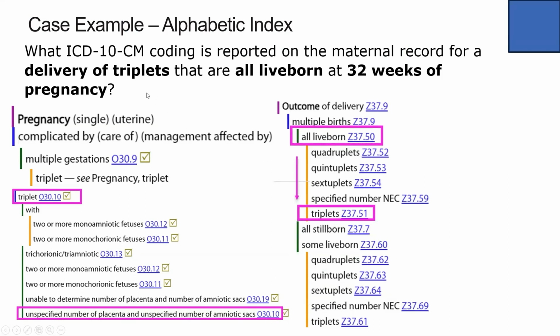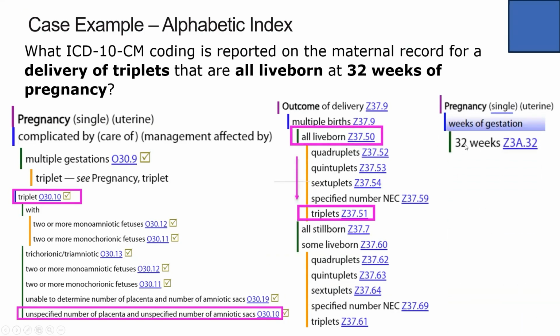Then once again, we're going to have our outcome of delivery. In this case, we have all live born and we had triplets. So our outcome of delivery is going to be outcome of delivery, all live born, triplets, and that's Z37.51. And then finally, we want to code our pregnancy weeks of gestation.